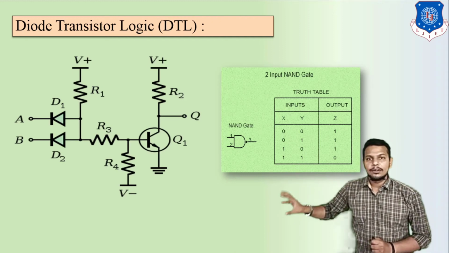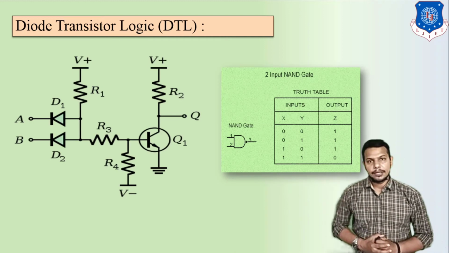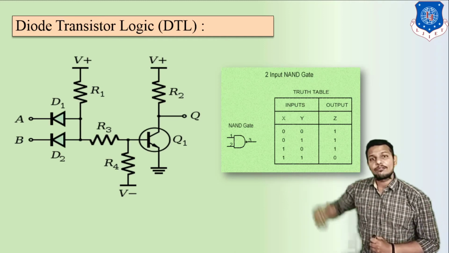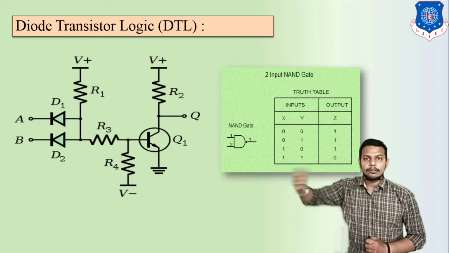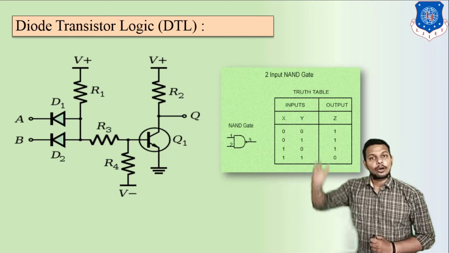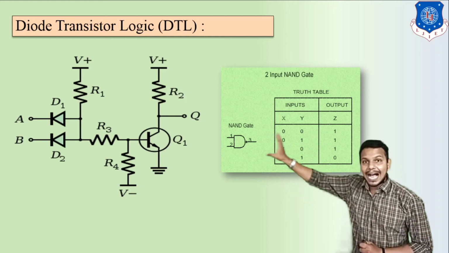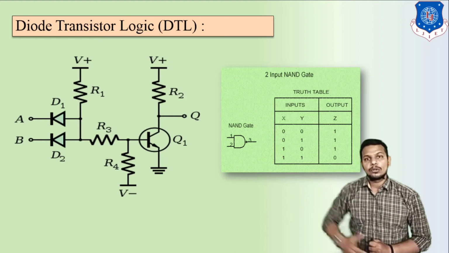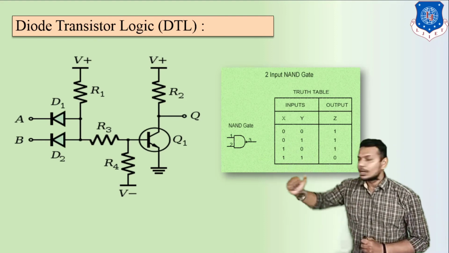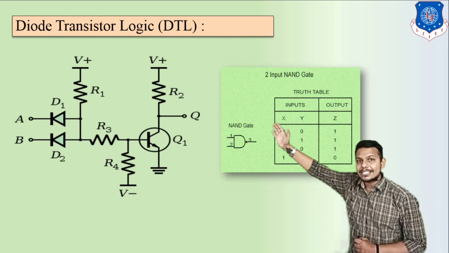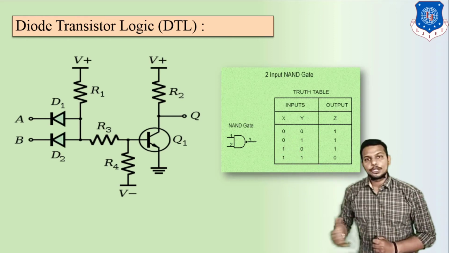That's why no current flows at the base terminal. If there is no current flow at the base terminal, your collector current will be 0. If your collector current is 0, then your voltage drop across this R2 resistor is also 0. If your voltage drop is equal to 0, that means your plus VCC is directly equal to the output Q.